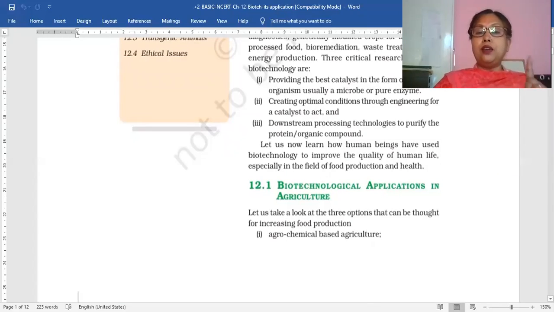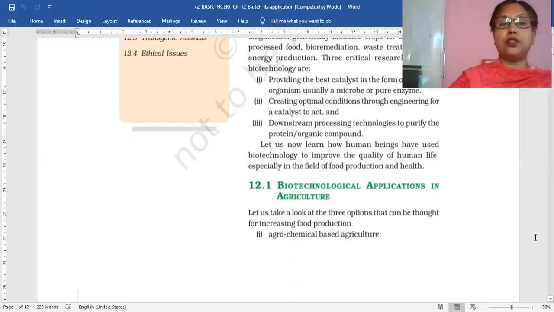Number one is providing the best catalyst in the form of an improved organism, usually a microbe or pure enzymes. Then, creating optimal conditions through engineering to get the catalyst. And you know that catalysts are responsible for speeding up the reaction.